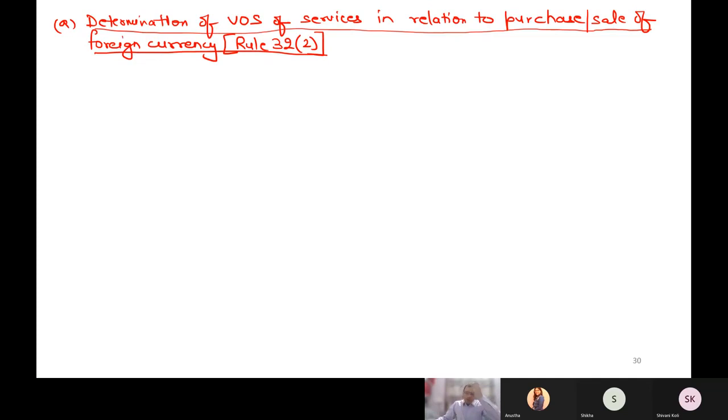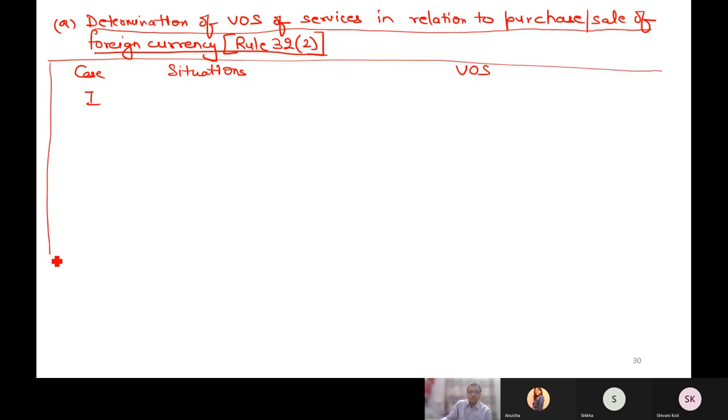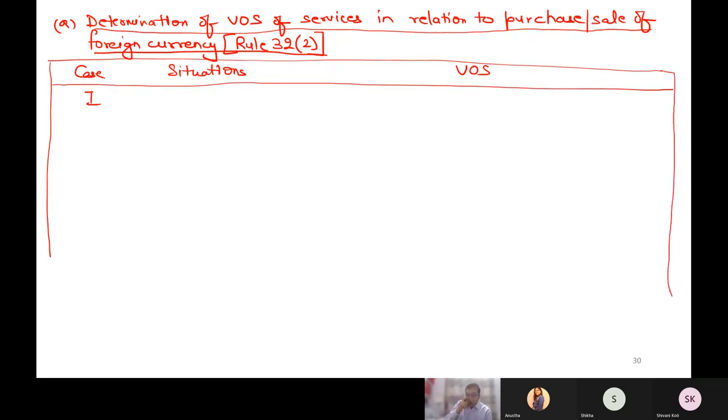Now, how you determine the value? So there are two different situations. So I will make a table here: case 1, situations, and value of supply. Now suppose I want to convert dollar into rupee, or I want to convert rupee into dollar.